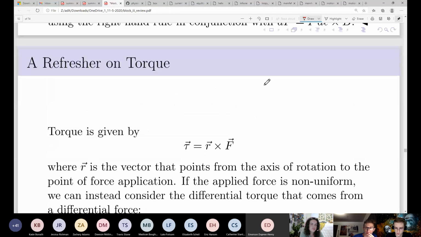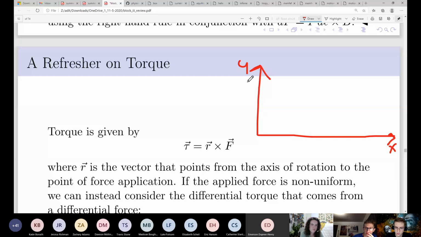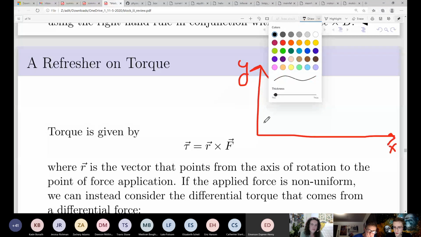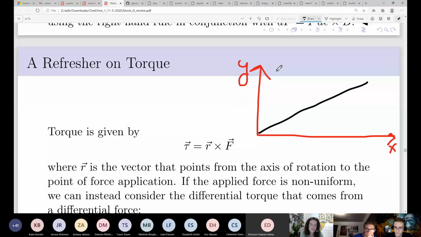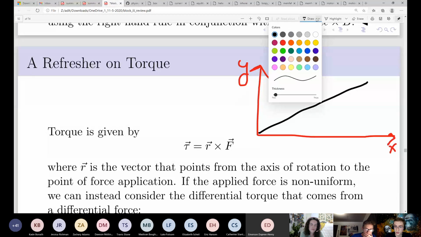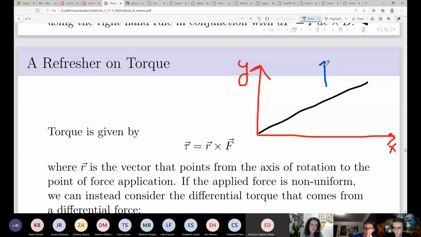So for instance, I think there was a homework problem where we had the xy plane right here. Here's x, here's y. I think it was a straight wire segment, but we had a wire that pointed like that. And there was a force applied on that wire by virtue of a magnetic field pointing up on that page, and this wire carrying a current.